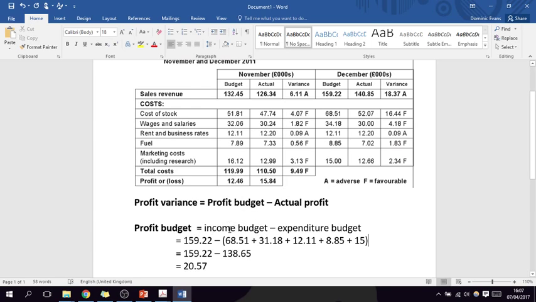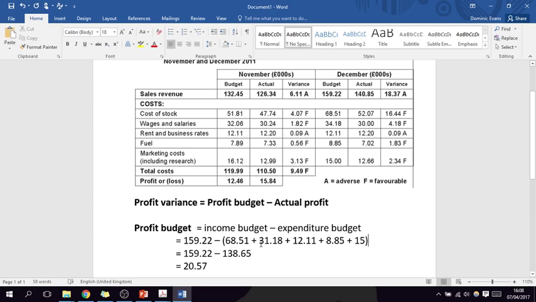That's calculated by working out what the income budget is, income sales revenue, 159.22, minus the expenditure budget. So what was our budget for total costs? You can see we've got the sales revenue budget there, 159.22, but we're going to need to add these together to get the total costs.